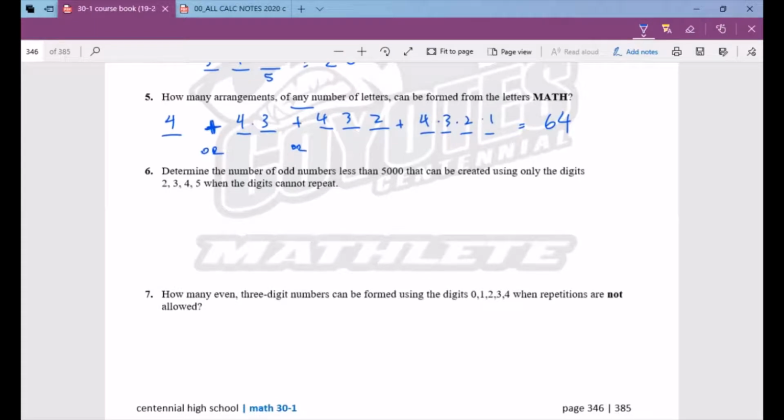Six, determine the number of odd numbers less than 5,000 that can be created only using the digits 2, 3, 4, and 5, and the digits can't repeat. So we're only using the digits 2, 3, 4, 5. So we either have a 1-digit number, we can use any of those, 2, 3, 4, and 5.